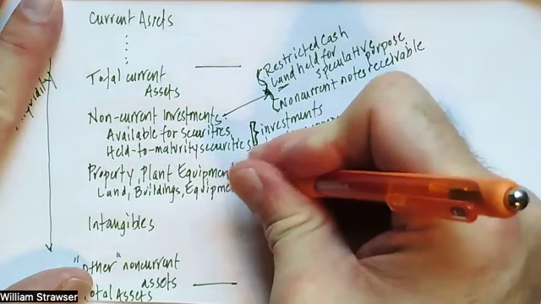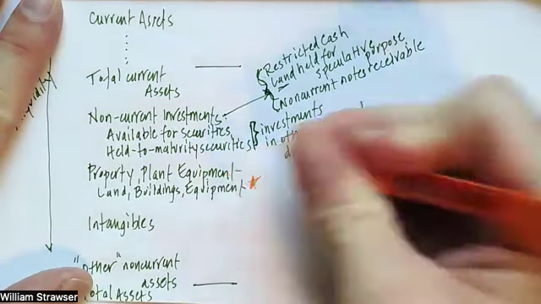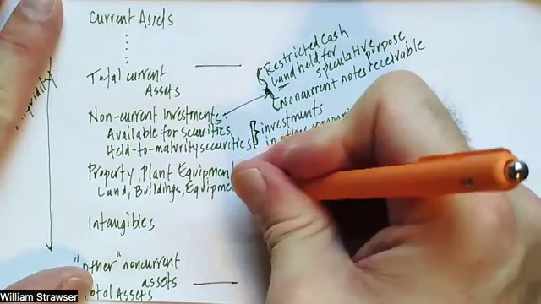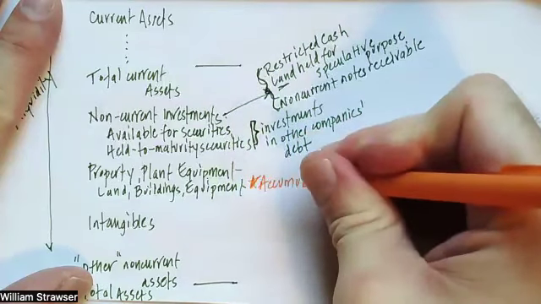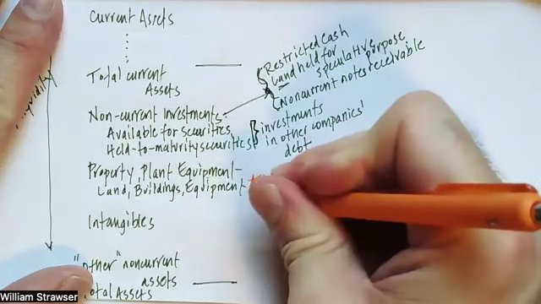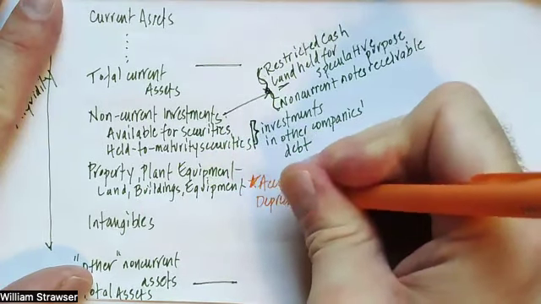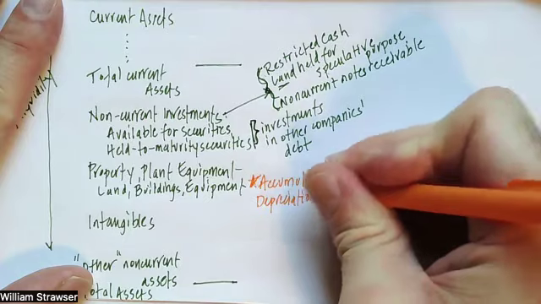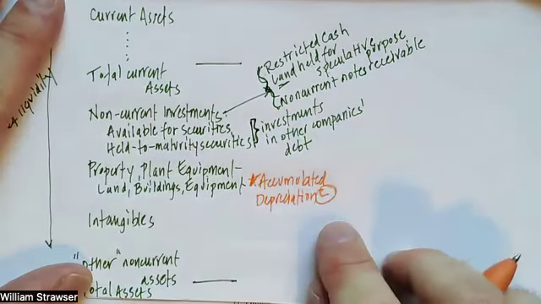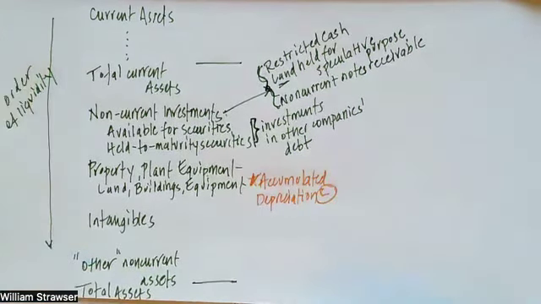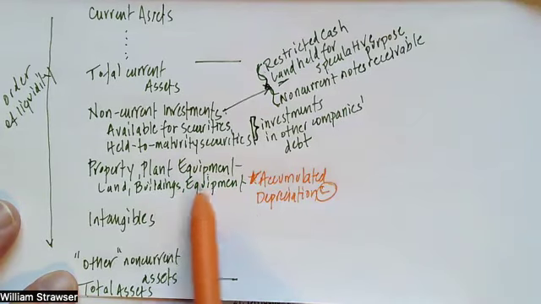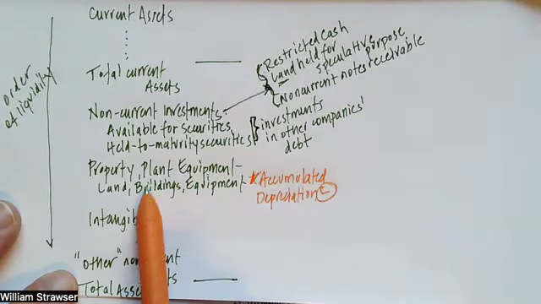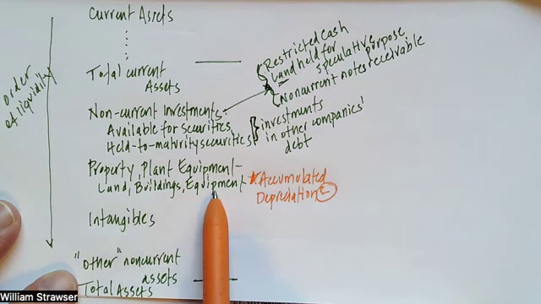Just to highlight it and put it in a different color here, we need to remember accumulated depreciation. Remember that accumulated depreciation is a negative, right? Because it's a contra asset. It's reducing my property, plant, and equipment by the total accumulated depreciation of the buildings and the equipment.